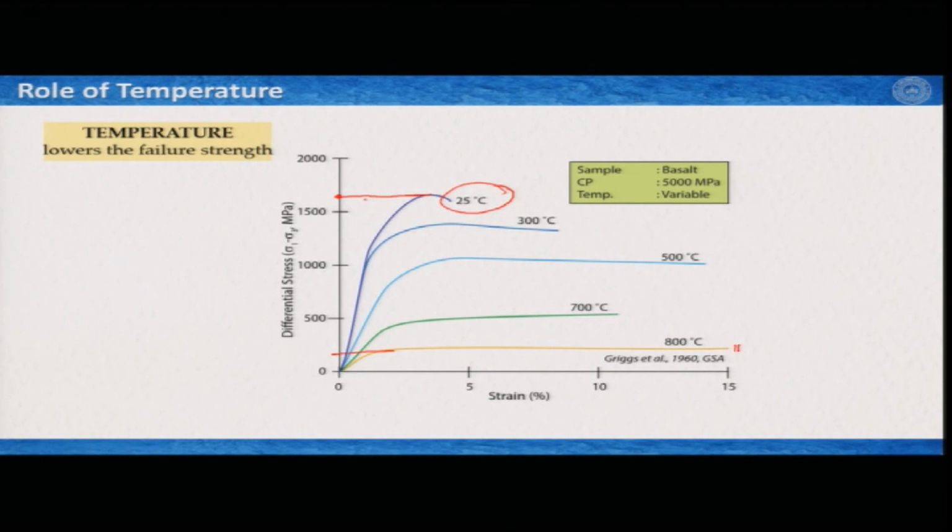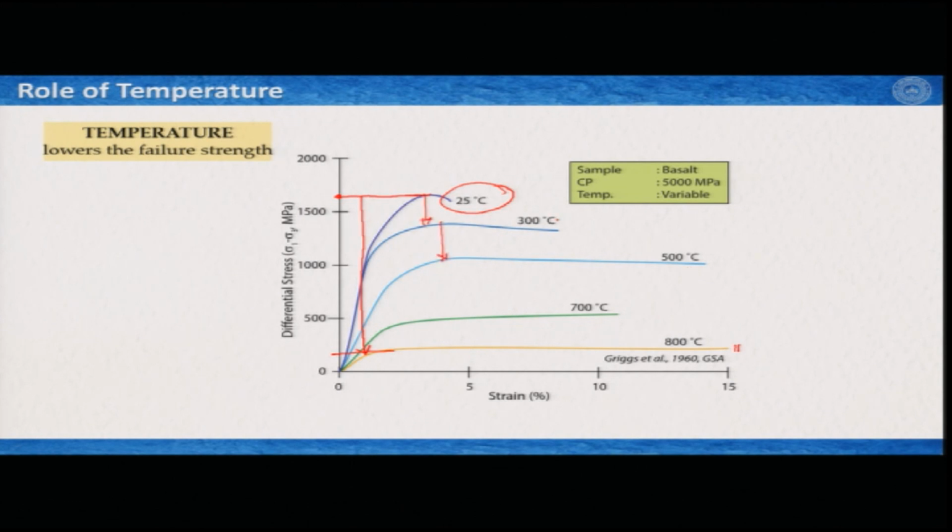So, 1500 megapascal, the strength is reduced by raising the temperature from 25 degree centigrade to 800 degree centigrade, and this is remarkable. You can see it, and in between we see that temperature gradually decreases the strength.